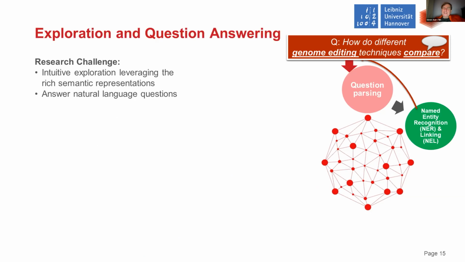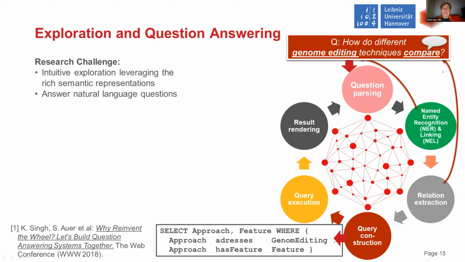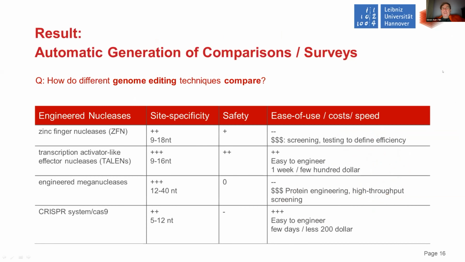And then we can parse this question, detect named entities, also relationships in the question, and construct a query. There's a SPARQL query language for RDF knowledge bases. Execute a query on the knowledge graph and then render the results and show, for example, a tabular comparison to the user, which you can see here, how this could look like.